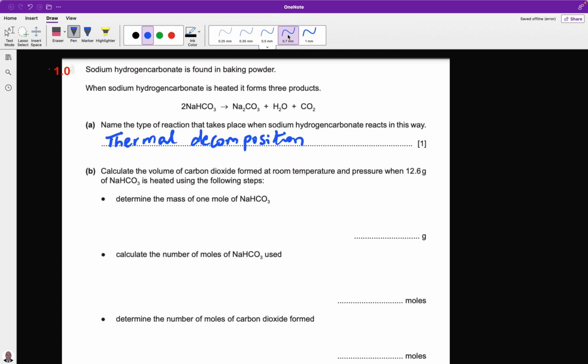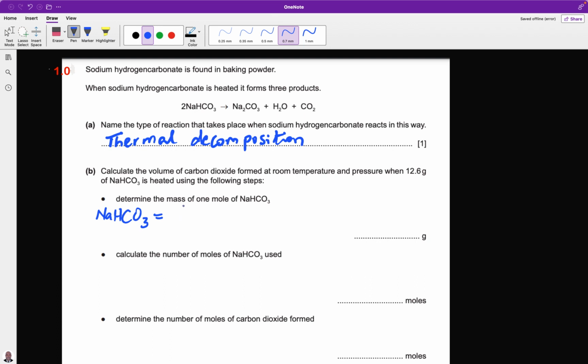The molar mass of this can be determined as follows. We have sodium hydrogen carbonate. We can get the molar mass from the periodic table provided on the question paper.